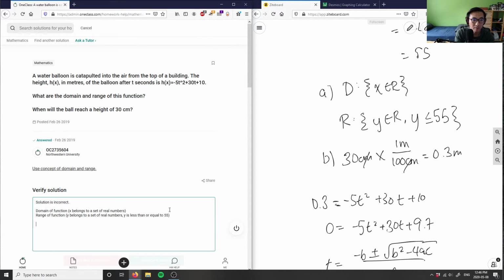And then finally, the ball will reach a height of 30 cm at 6.3 seconds. The solution is incorrect because it is an incomplete solution.